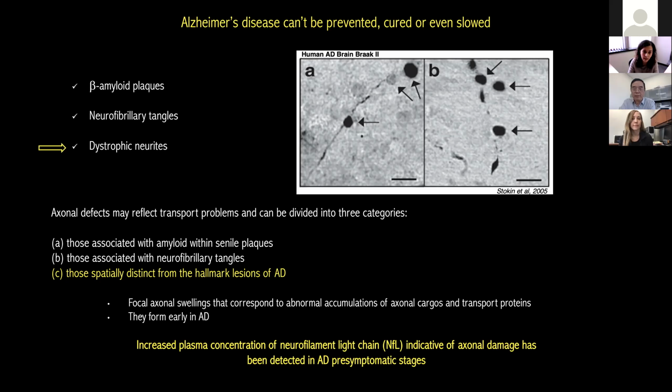All of this is telling us that axonal dystrophy is a hallmark of the pathology that starts very, very early during the pathophysiology of Alzheimer's, and can be detected by using neurofilament light chain as a marker of axonal damage.